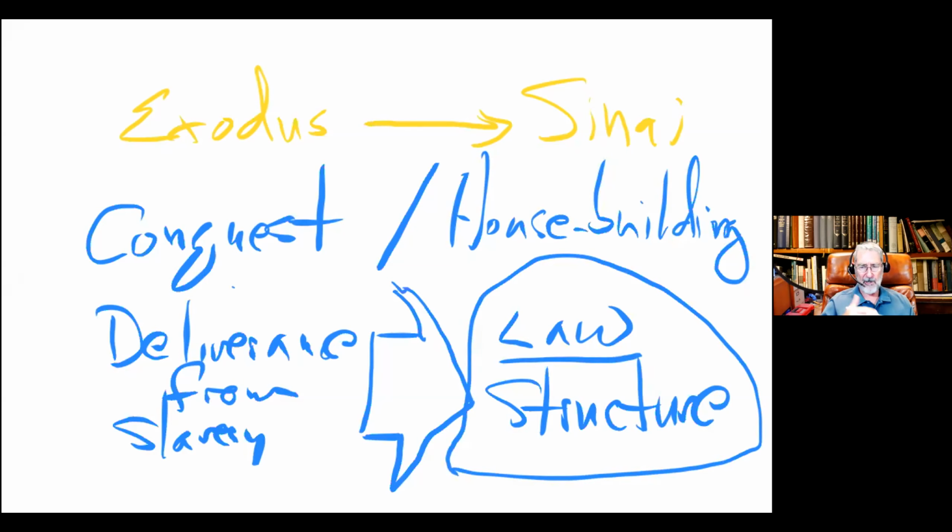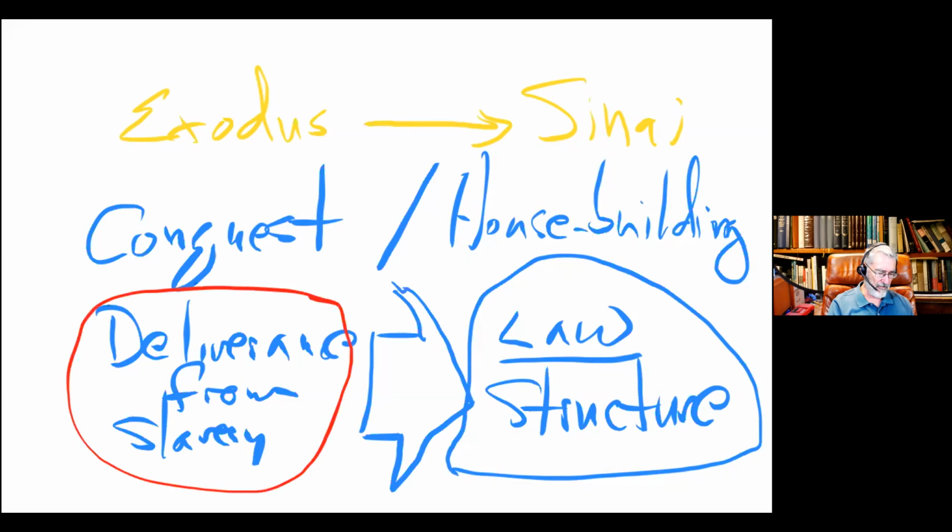So they've been delivered from slavery to Egypt, like you and I have been delivered from slavery to sin. The movement out of bondage, and here we'll put bondage on this side, is marked by the crossing of the Red Sea.